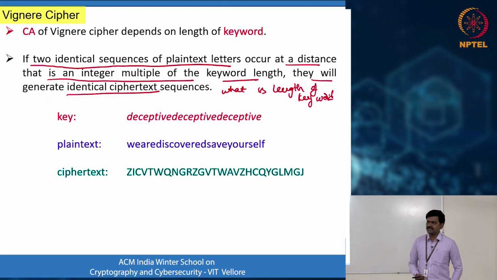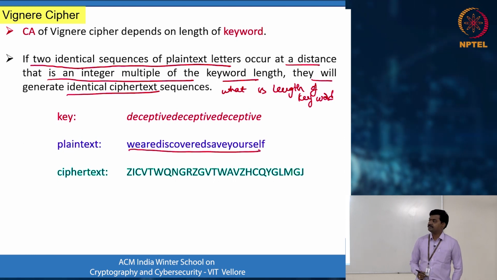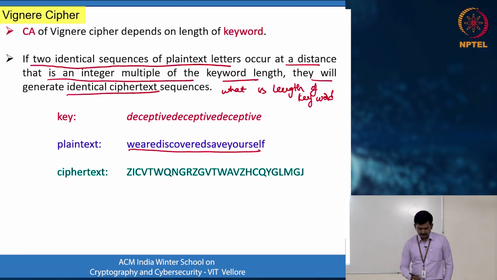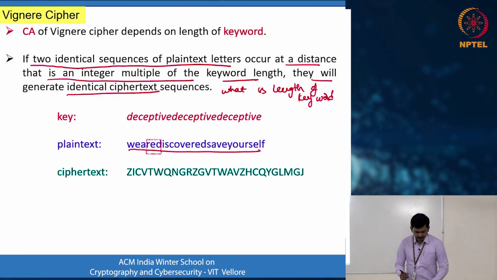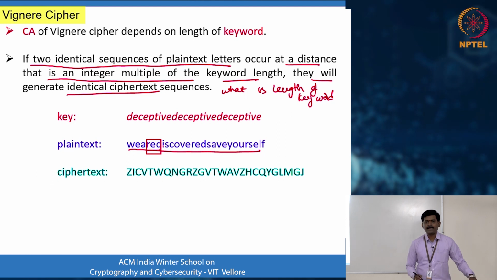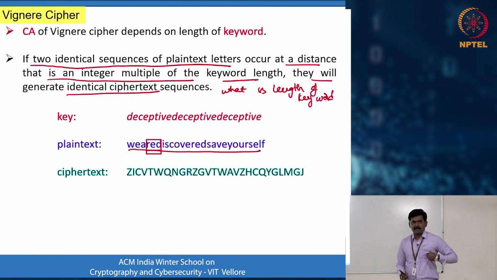Imagine, take the same example. My plain text is, we are discovered, save yourself. What is the keyword? Deceptive. Look at this. In plain text, there are three alphabets called RED. Is there any repetition of that RED sequence in the plain text?